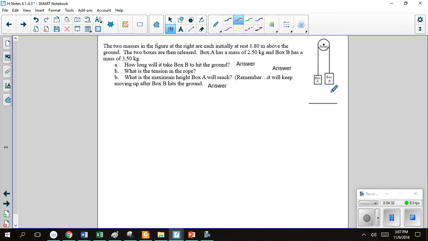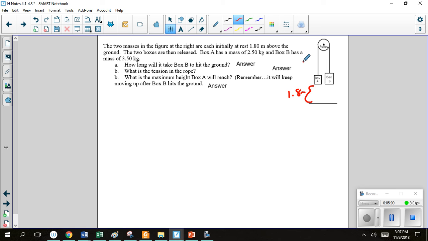What we have here is two boxes at rest, with a distance of 1.8 meters here, and that goes for both of them. Whenever we have a pulley system like this, we need to identify which way is positive and which way is negative, because gravity's pulling on them both down, but one's going to go up.